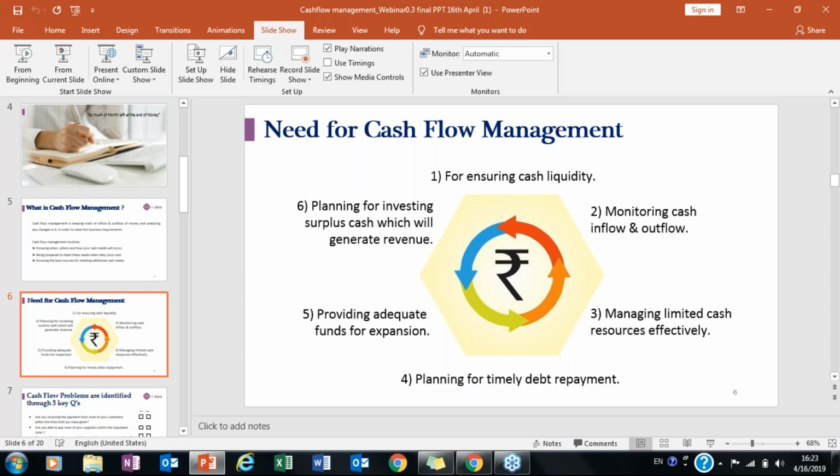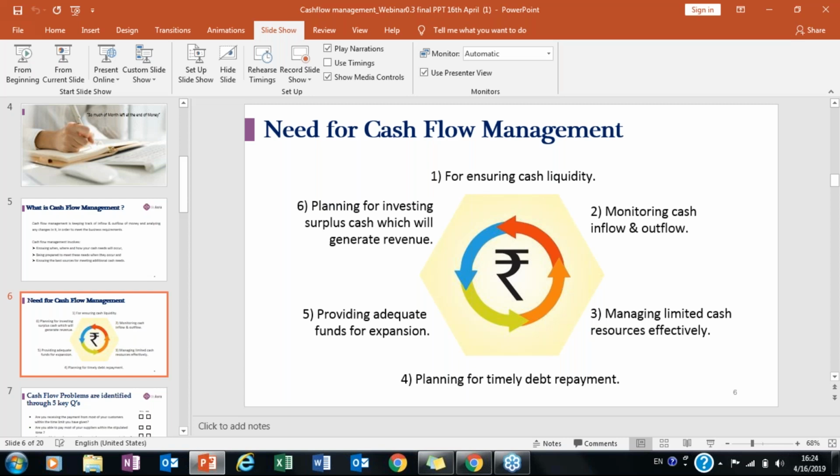In those 30, 60, 90 days, you also need to do the business, but you have limited cash because your cash is going to come after a certain period of time in your hand or in your bank account. In such a scenario, you need to effectively manage all the cash resources for doing a successful business, because in this tenure of 30, 60, or 90 days, your business cannot stop.